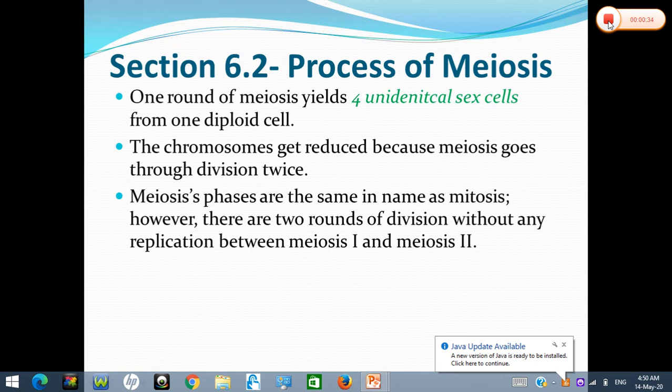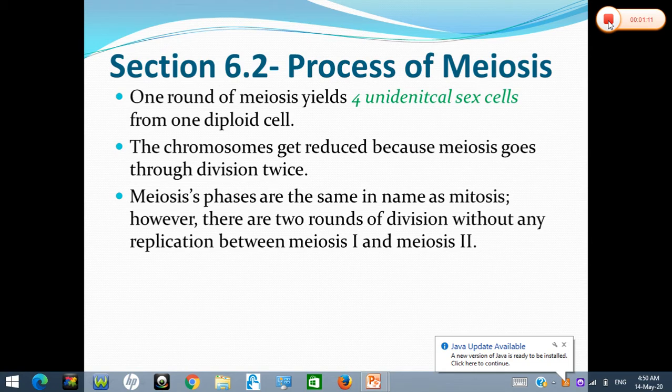We said that the cell is divided into two types: somatic or body cells, and sex cells or germ cells. Okay, and we know that according to the different types of the cells we have two different types of division: mitosis and meiosis.